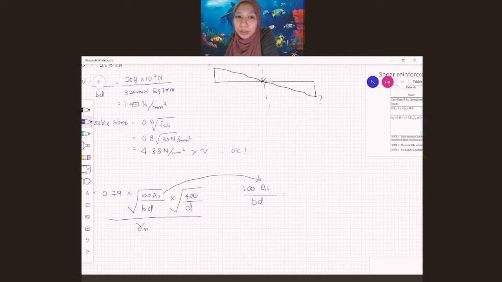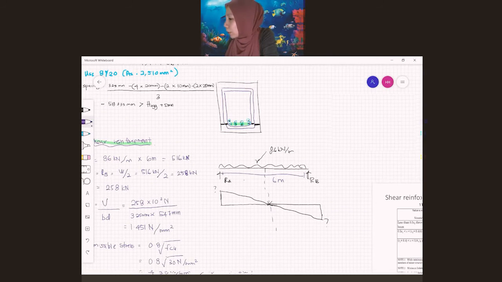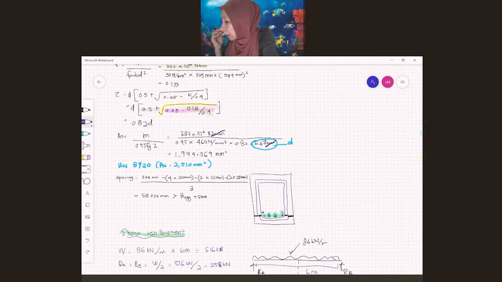So we know that our AS is yang kita dah select dekat atas tu. Our AS is 2510. Okay. Ini our AS kita pakai yang ini. Jangan pakai ini. Ini yang required, yang ni provided. Okay.